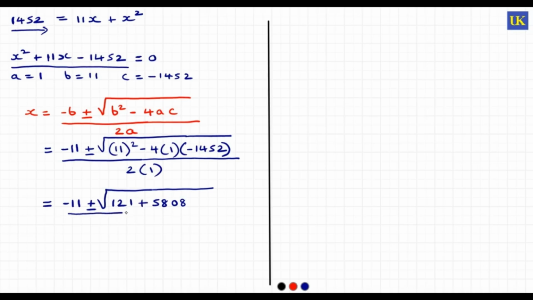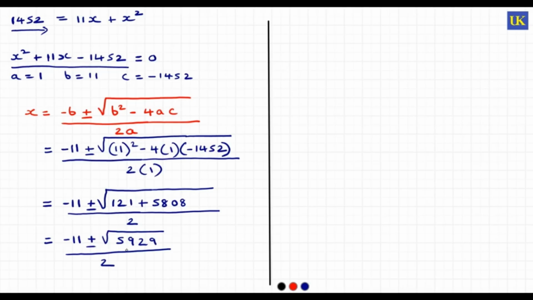This whole thing divided by 2 ones are 2. Now x is equal to minus 11 plus or minus, I will add 121 in this, so it will become 5929, divided by 2.